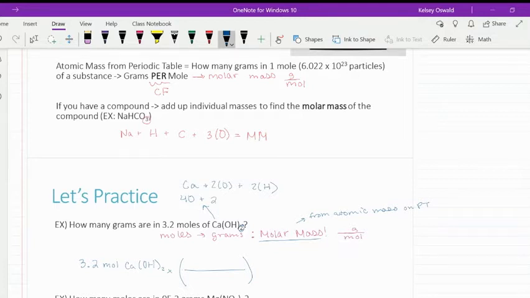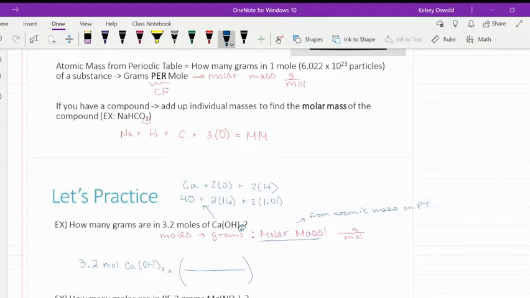So when I look at the periodic table, I'm going to see that my molar mass of oxygen is 16, and my molar mass of hydrogen is going to be 1.01. So again, we're looking at that number beneath our elemental symbol that is typically a decimal. So then we'll do 40 plus 2 times 16 plus 2 times 1.01.